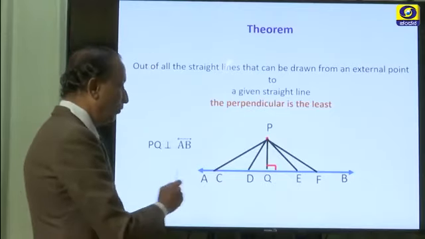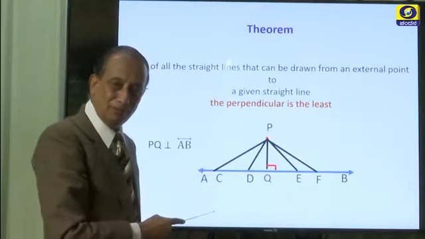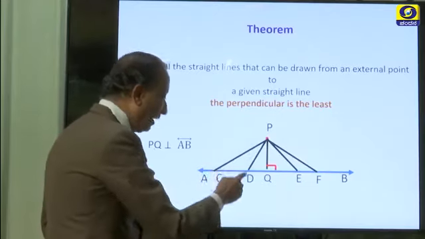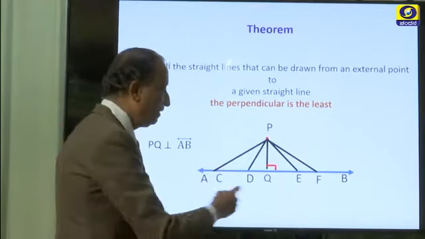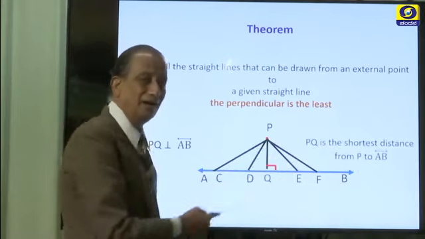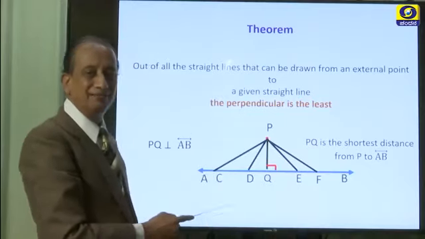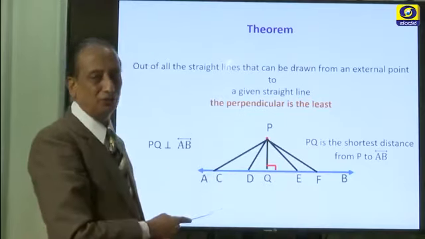So, PQ is perpendicular to AB. Children, you know that this is the symbol for 90 degrees. So, the perpendicular from P to AB will be the minimum distance. This is one important prerequisite to prove the previous one.